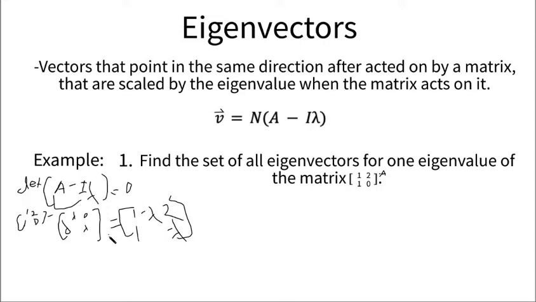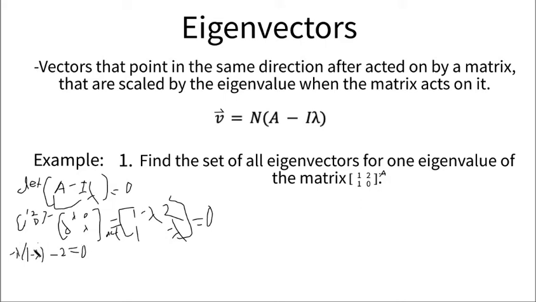Okay, so now we have to set the determinant of this equal to 0. And to find the determinant of a 2 by 2 matrix, you do 1 minus lambda times negative lambda, minus 2 times 1. And that must be equal to 0. So you get negative lambda times 1 minus lambda, minus 2 times 1, so minus 2, equals 0.